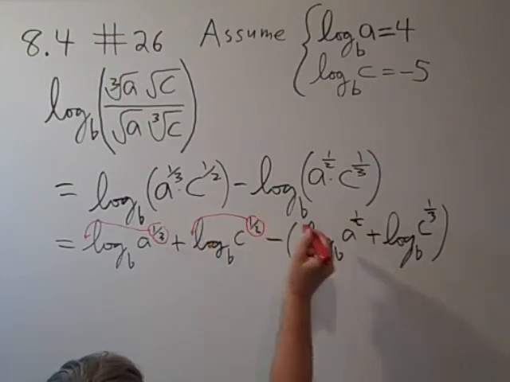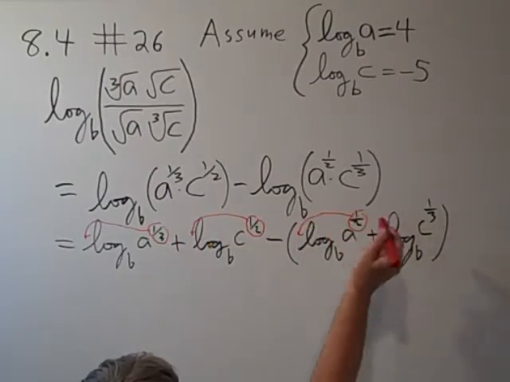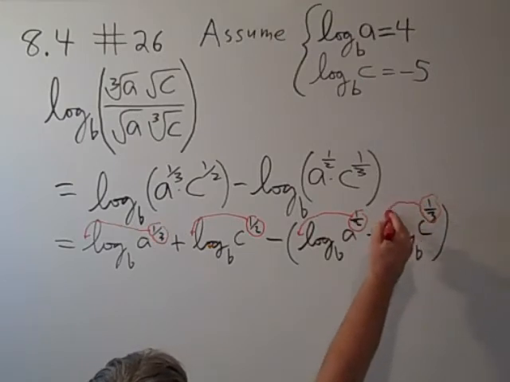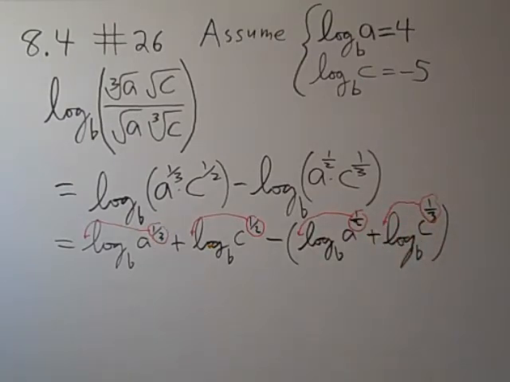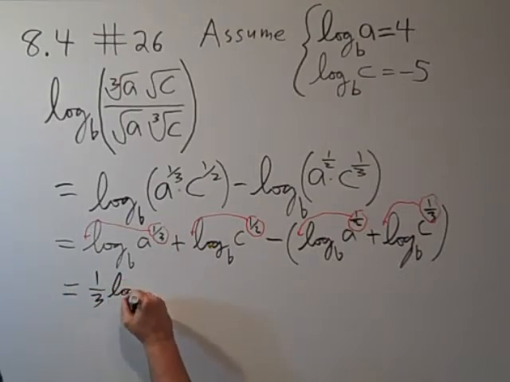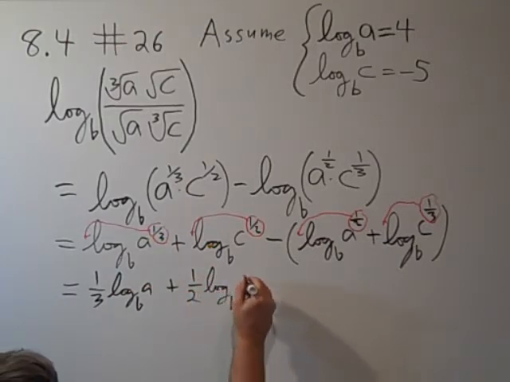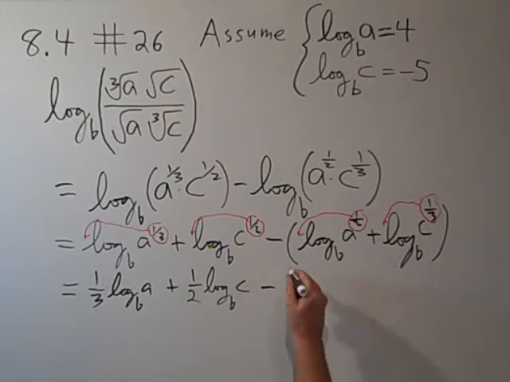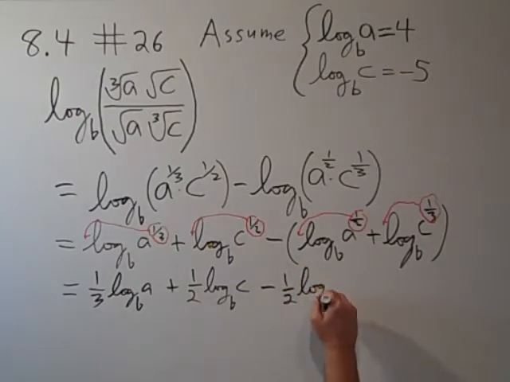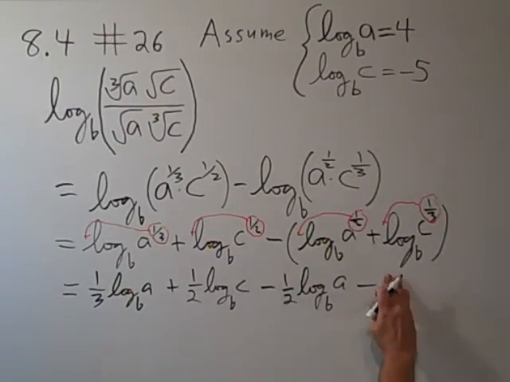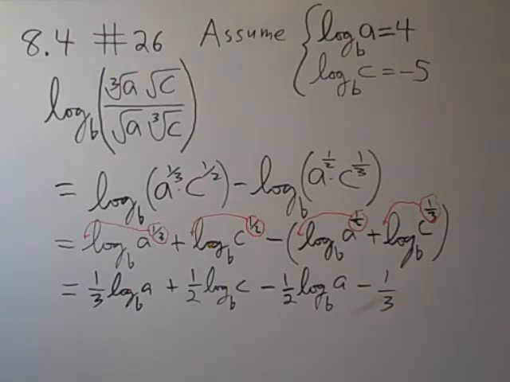So we pull down each of the coefficients here, and we get 1/3 the log base b of a plus 1/2 the log base b of c minus 1/2 the log base b of a minus, because we distribute this negative also, 1/3 times the log base b of c.